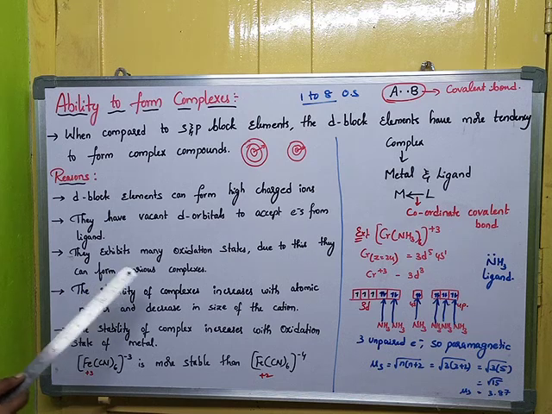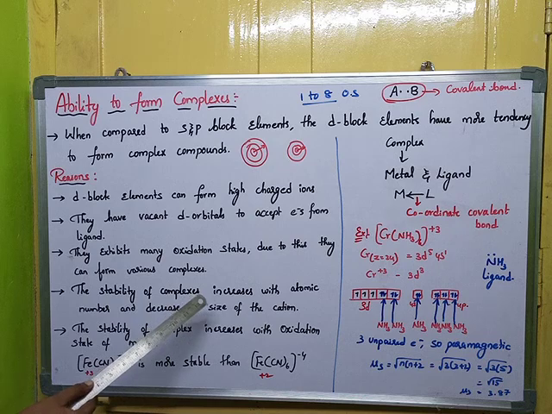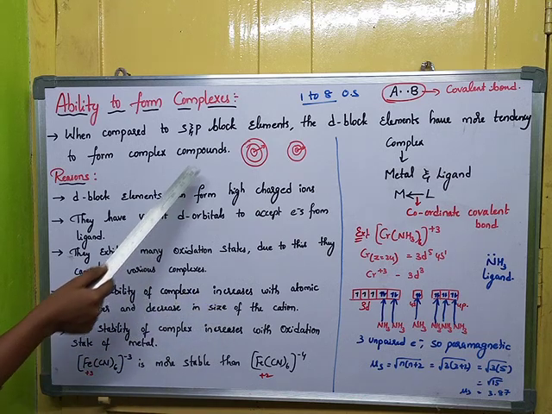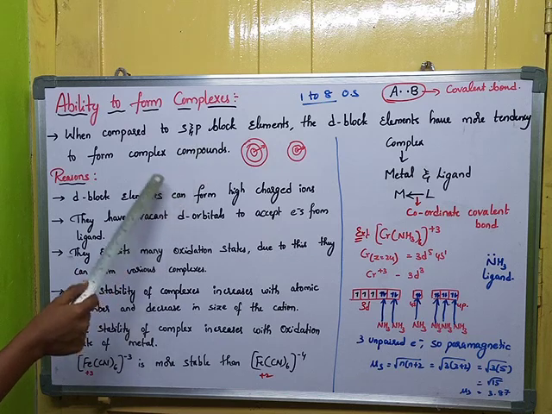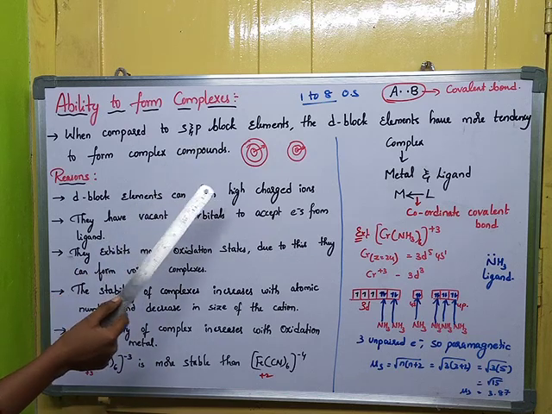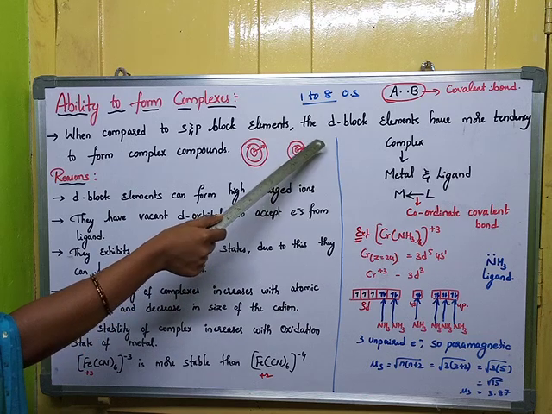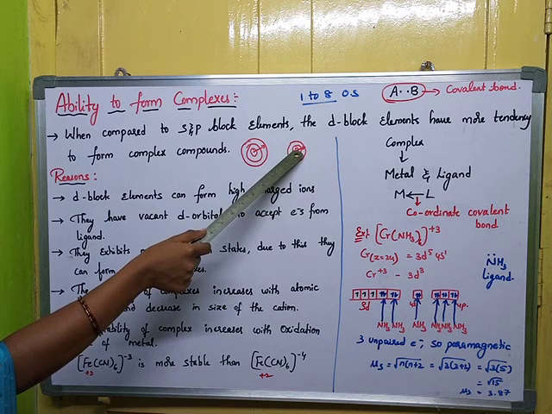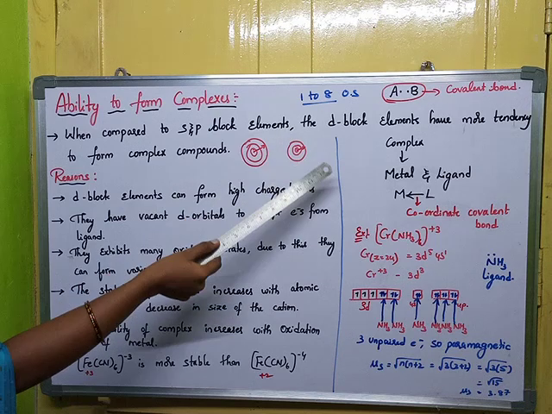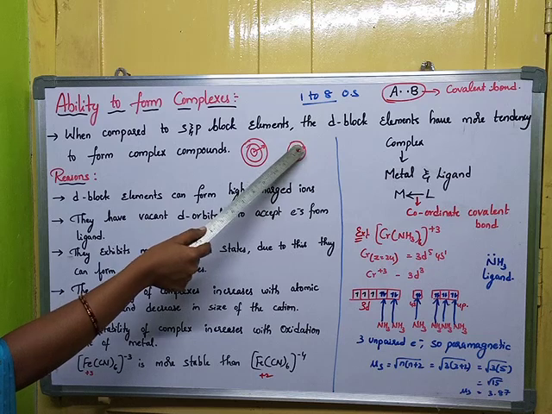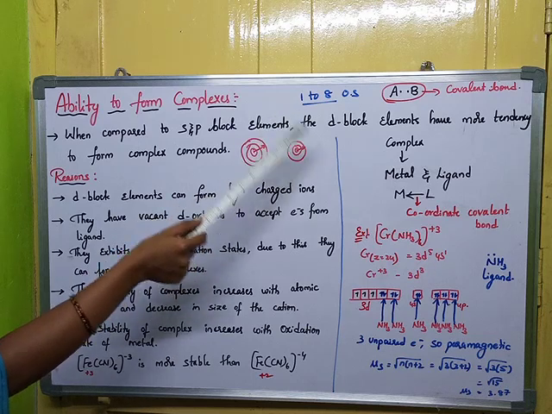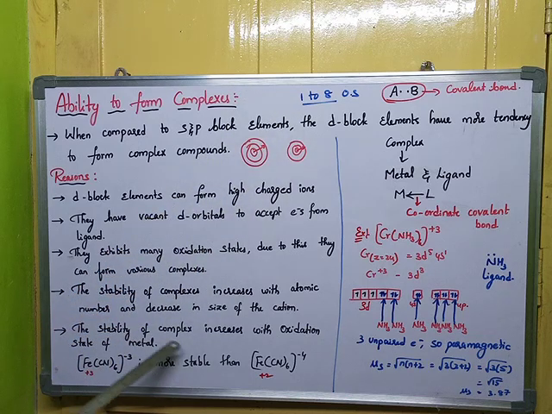And what about the stability of a complex? The stability of a complex increases with the decrease in the size of the cation. From left to right in the d-block, the size of any element decreases. Whenever size decreases, the nucleus attracts the valence electrons towards itself, and so it also attracts the ligand electrons towards itself. If size decreases, there is more attraction on the valence electrons. The stability of a complex also increases with the oxidation state of the metal.